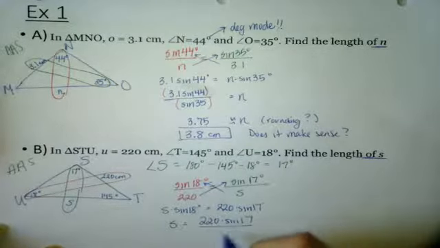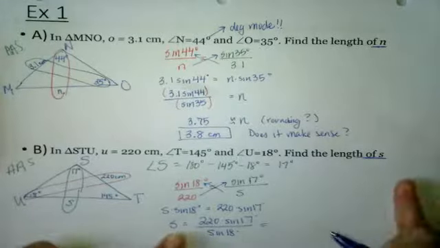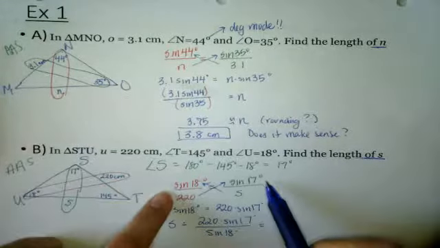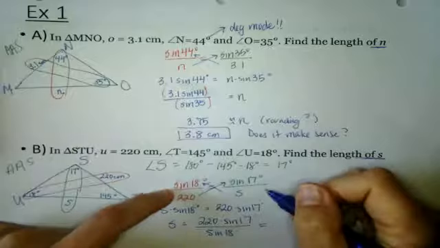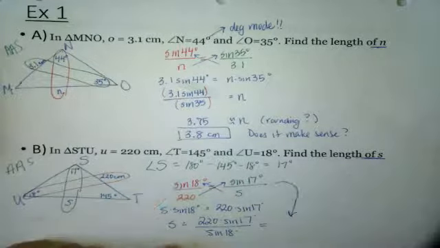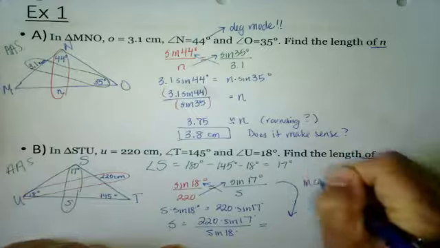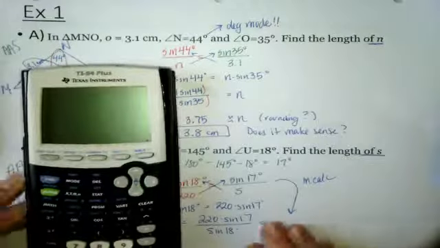I'm hoping that you can go from the setup and just do this in your calculator. So I go from the setup like this, and then I just type everything in my calculator and go right to the answer. And that's totally fine in my opinion. I'm going to use this calculator now.